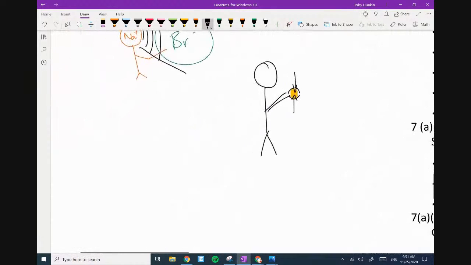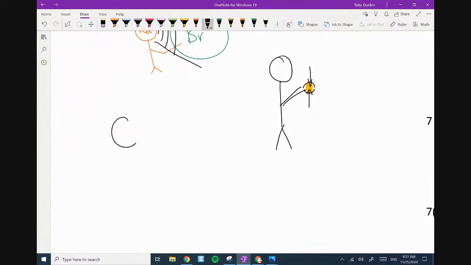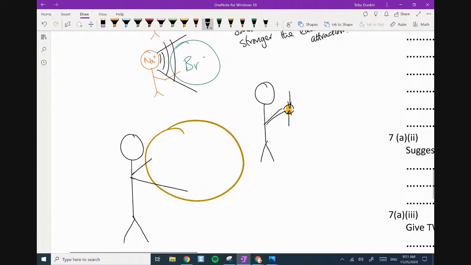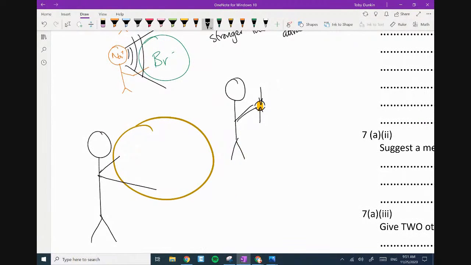But if I then gave Jack a beach ball to hold on to, all of a sudden there becomes a real problem because he's having to hold on to an object much, much larger. So holding on to small things is much easier, because with a large one he's having to distribute his force around the whole object. Instead of applying it entirely over there, he's only able to apply it on a much smaller object like this.